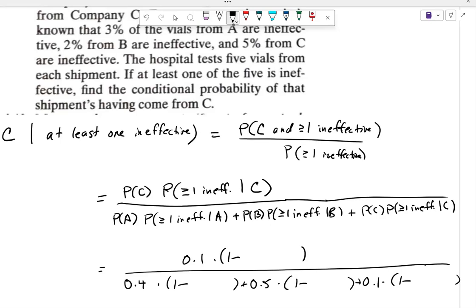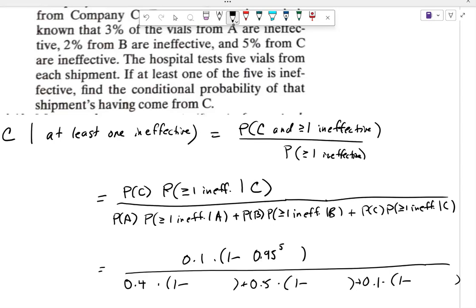All right, coming from C, let's do the numerator first. Coming from C, we want no ineffective vials out of the 5, right? So what are we going to put in there? Good. You see a 0.95 to the 5th on that one? We want no ineffective vials. If it comes from company A, what's the probability that it is ineffective?